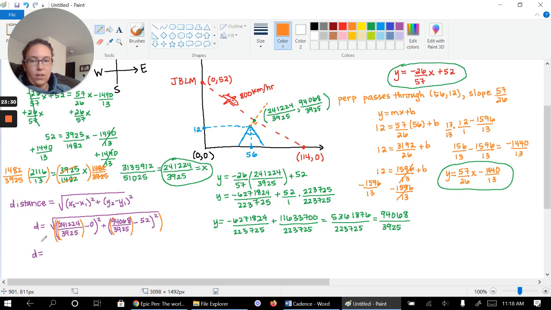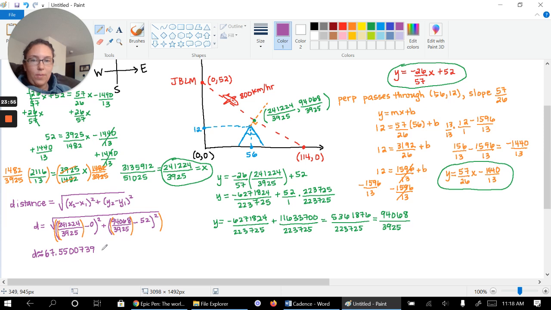The whole thing is under a square root, so my distance ends up equaling 67.5500739. I wrote down all of the decimals that my calculator gave me. This is actually an approximation. It's not an exact answer, but I tried to get it as accurate as I can.